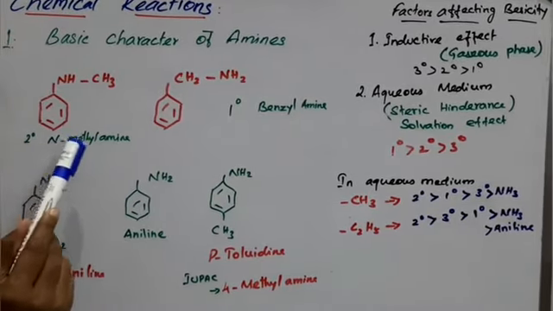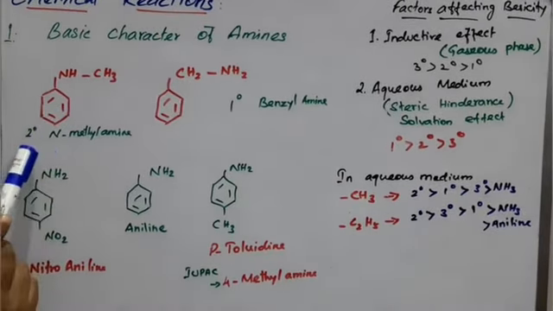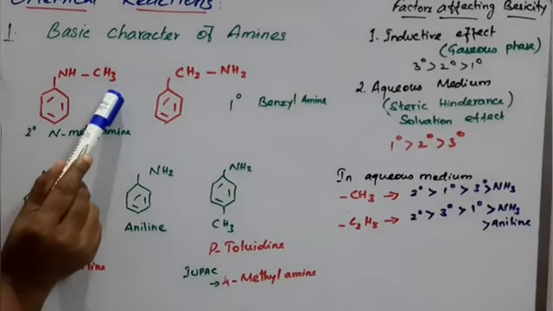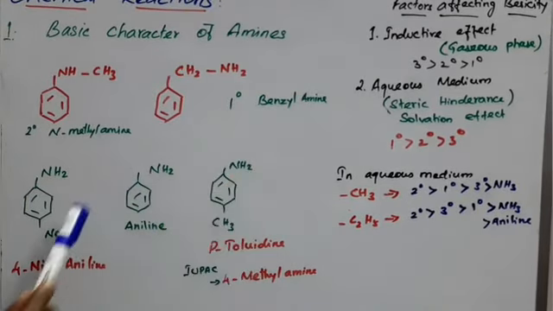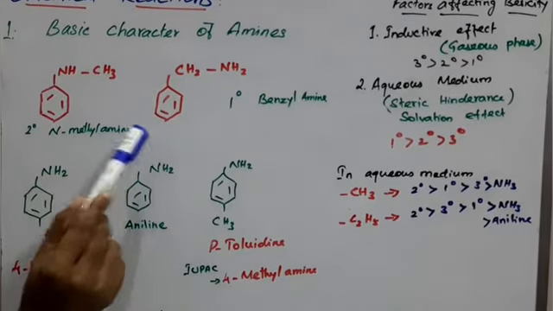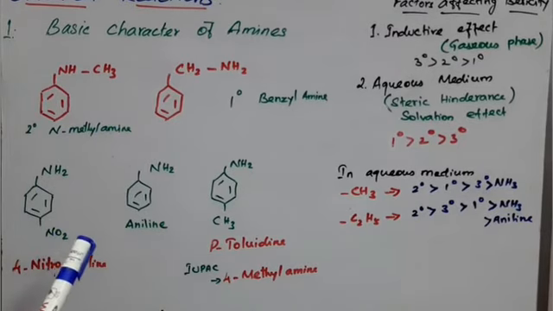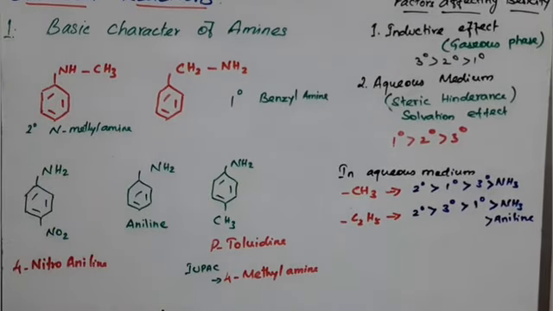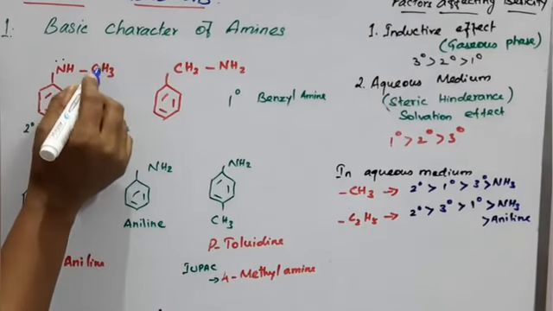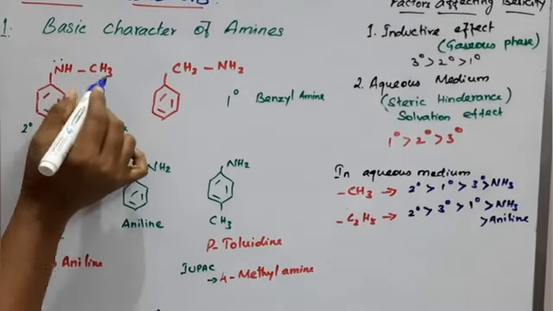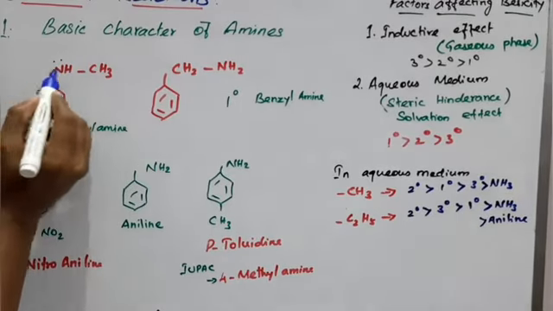Here you see a secondary amine like N-methyl amine. Here you see a primary amine like benzyl amine. So compared to this, which one has more base character? Here this also has a methyl group, an electron releasing donor. But what's the problem here?